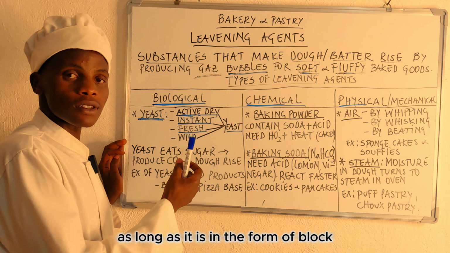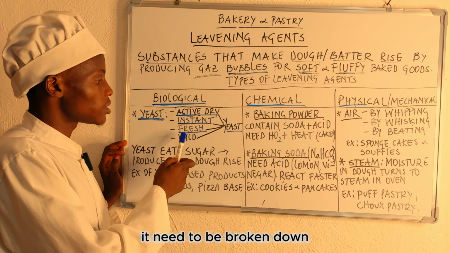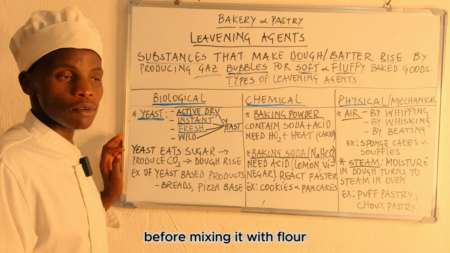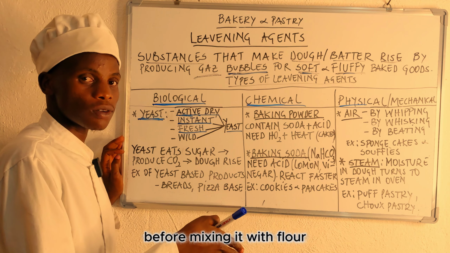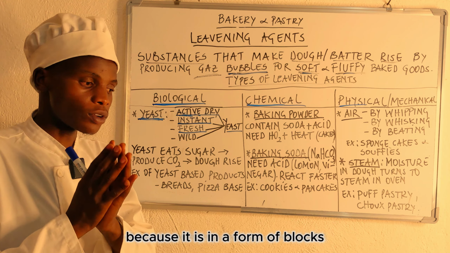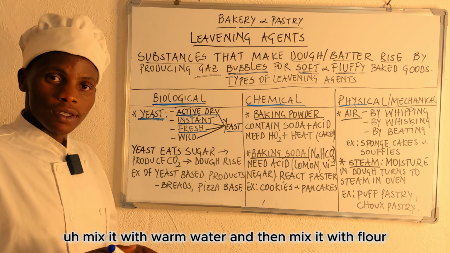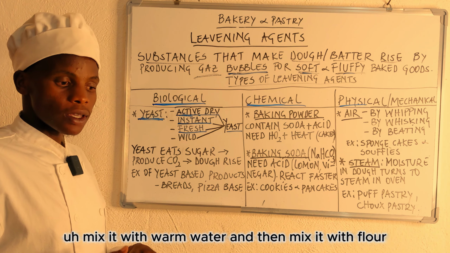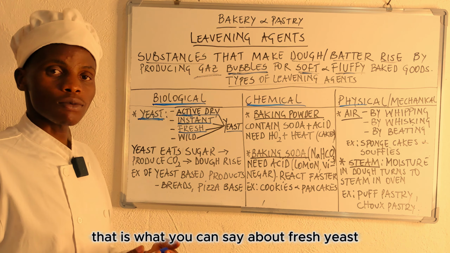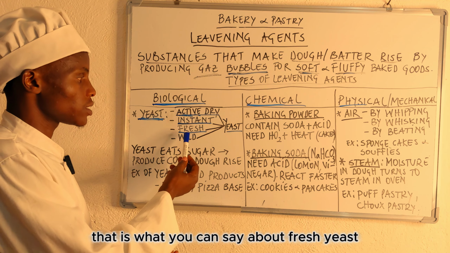As long as it is in the form of a block, it needs to be broken down into small pieces and then mixed with warm water before mixing it with flour. That is what we can say about fresh yeast.